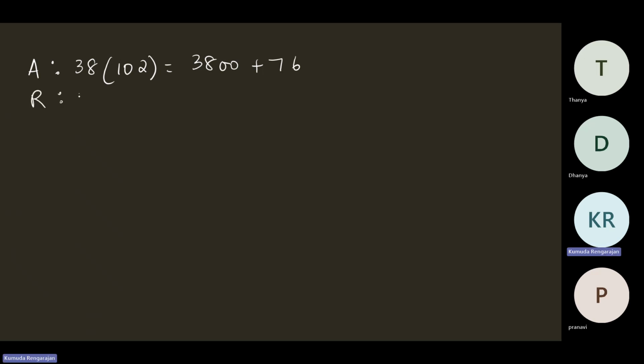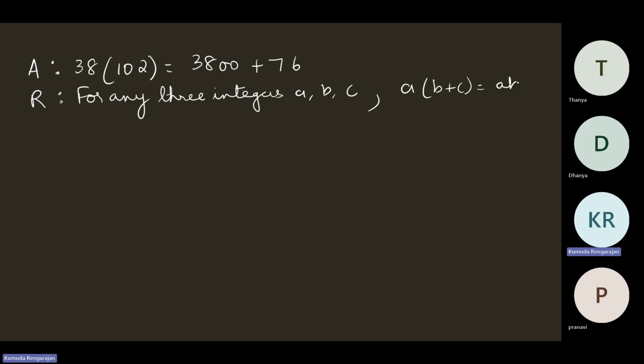The reason is for any 3 integers A, B, C, A into B plus C is equal to AB plus AC. So let's understand this. The assertion statement is 38 into 102 is equal to 3,800 plus 76. This is the question, and you'll have the 4 options.